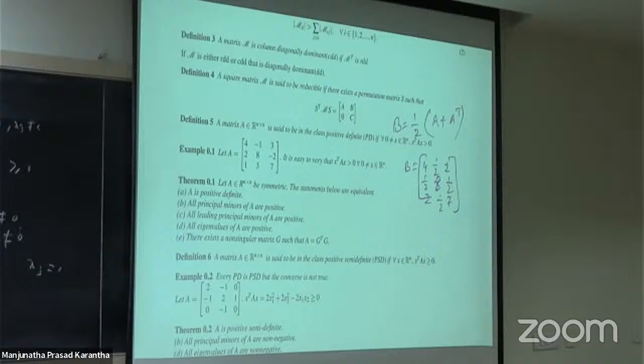So all are positive. The determinant is positive: B11, B12, B21, and B22, and the determinant of that is positive, and then the whole determinant of B.